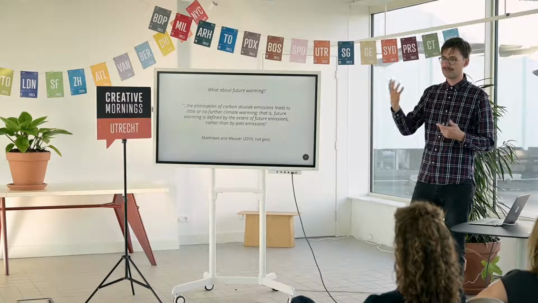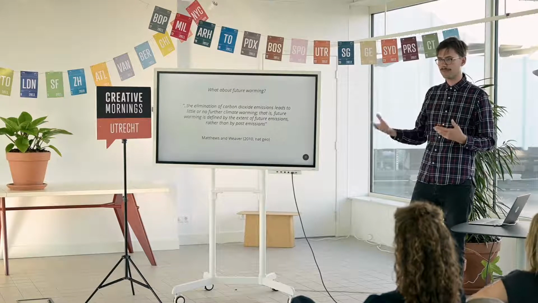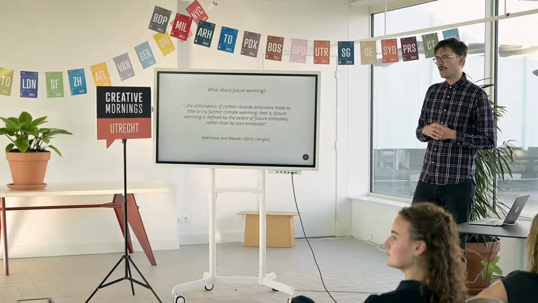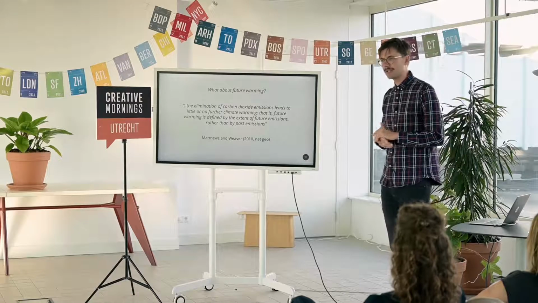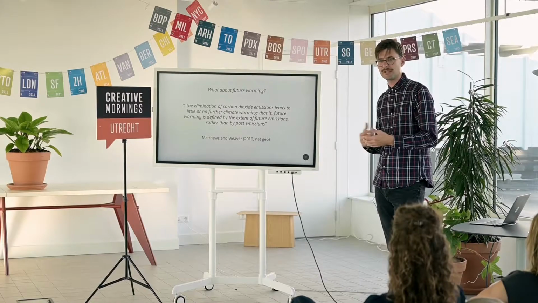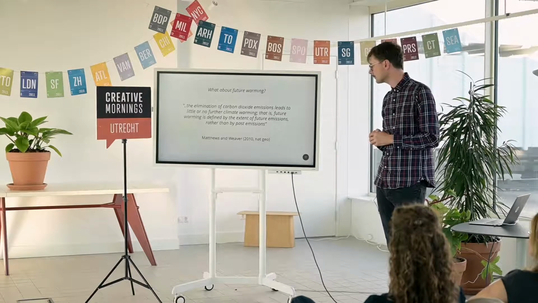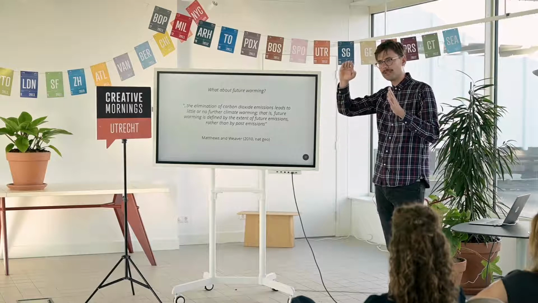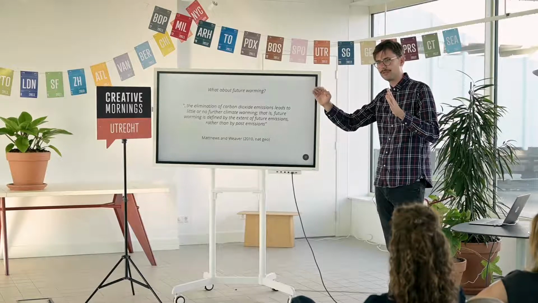In the way that in the past CO2 has been removed, there are processes that will start to take CO2 out of the atmosphere again. So once we don't emit anything anymore, CO2 will slowly start to decrease.